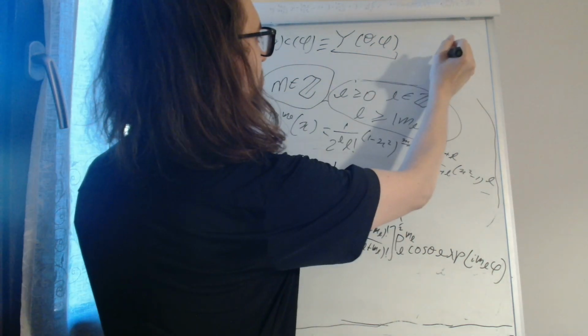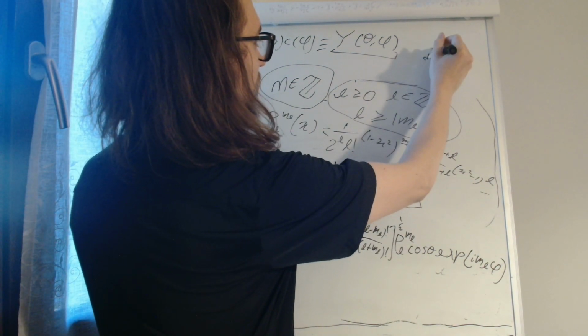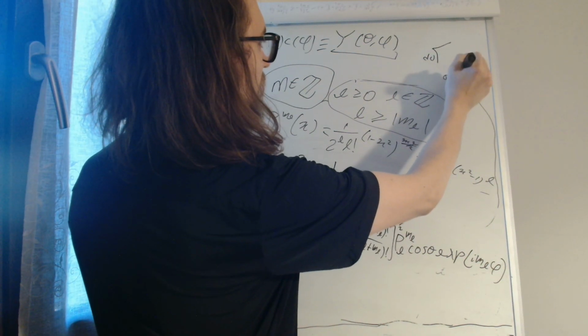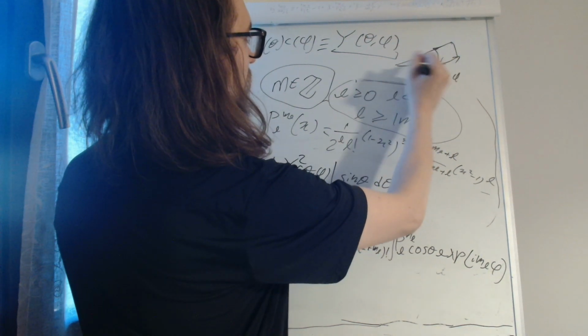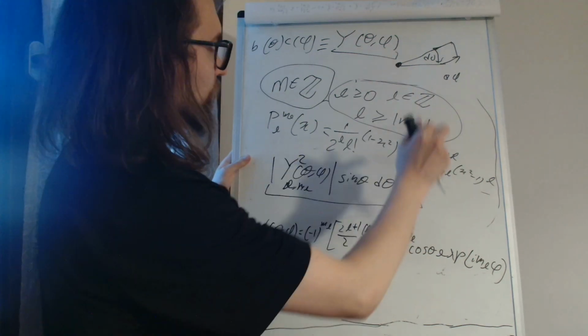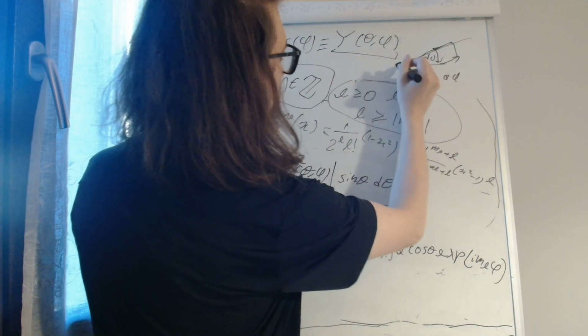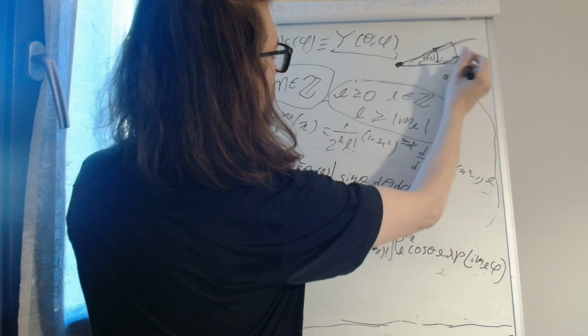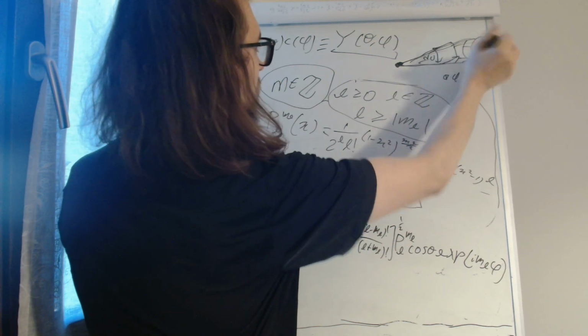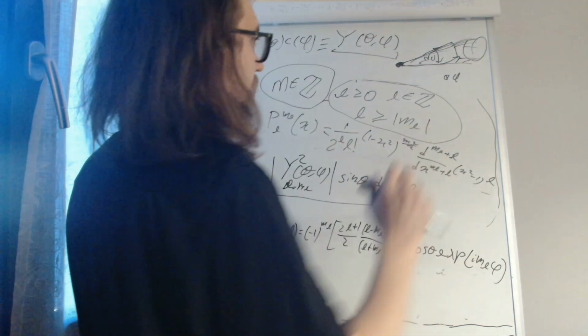So if this is d theta and this is d phi, and then this is the solid angle, this is the probability to find the particle in this region here, which extends to infinity.